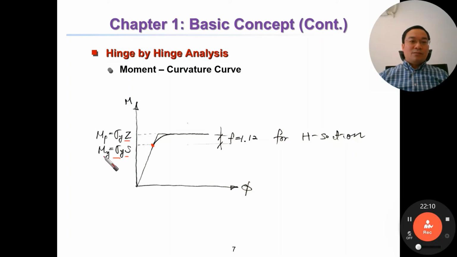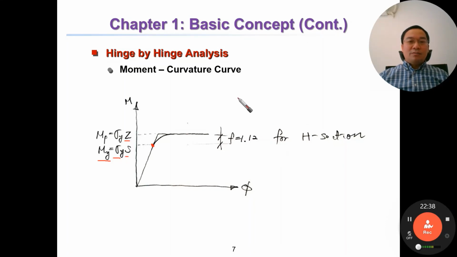We have My, the elastic moment, equal to sigma y multiplied by S, and Mp equal to sigma y multiplied by Z. Of course, Mp, the plastic moment, is greater than My, and there is a gap. This gap depends on the section.